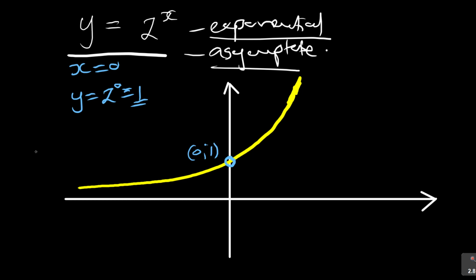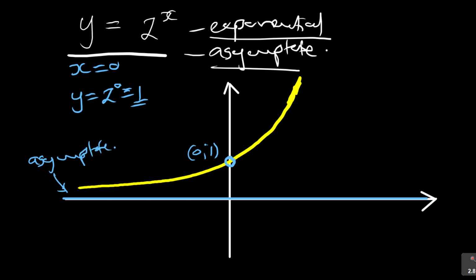Alright, now if I were to draw, before that, this line here, the asymptote line, will be the x-axis. These lines become what is called the asymptote. Are you with me?